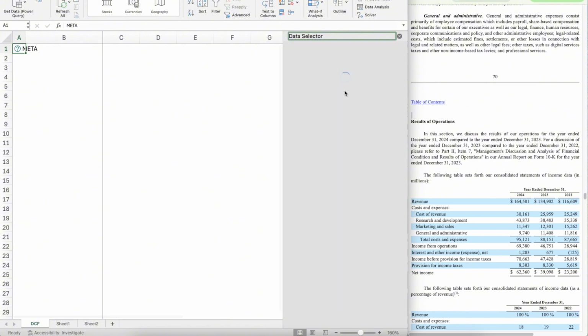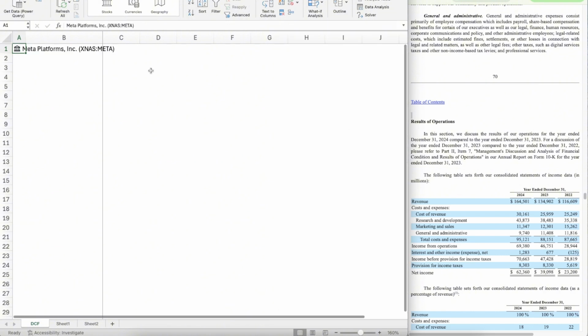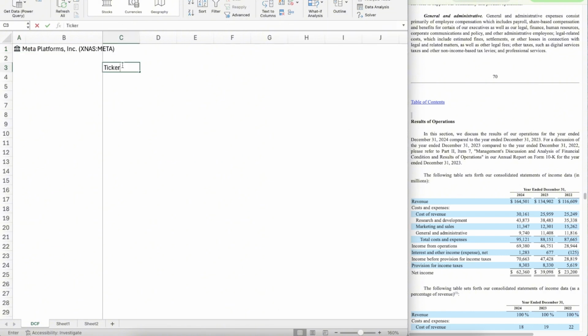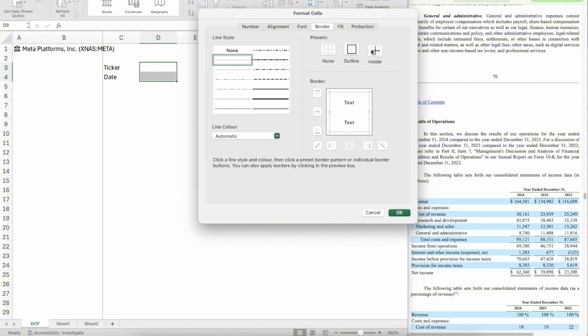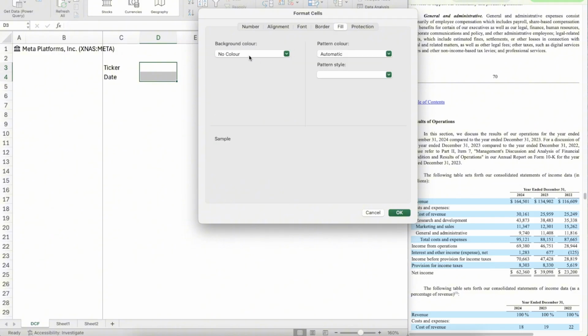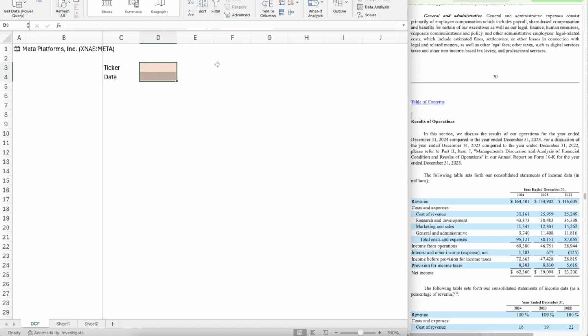and it will come up here. There we go. We put ticker, date, we want the current price, the implied, then whether there's any up or downside.